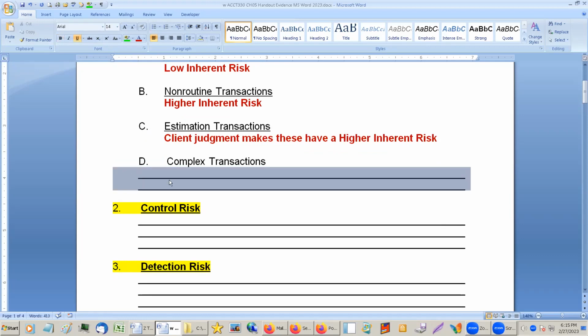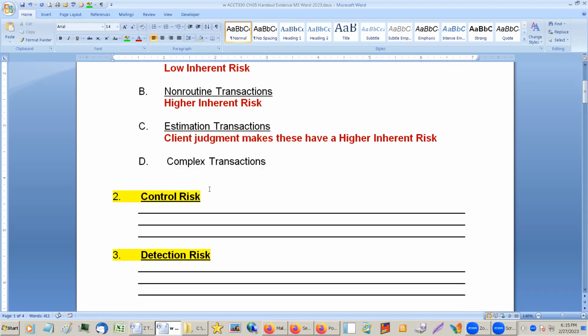Complex transactions obviously have a higher inherent risk, and it's actually higher for two reasons. One, for errors, and two, for fraud.